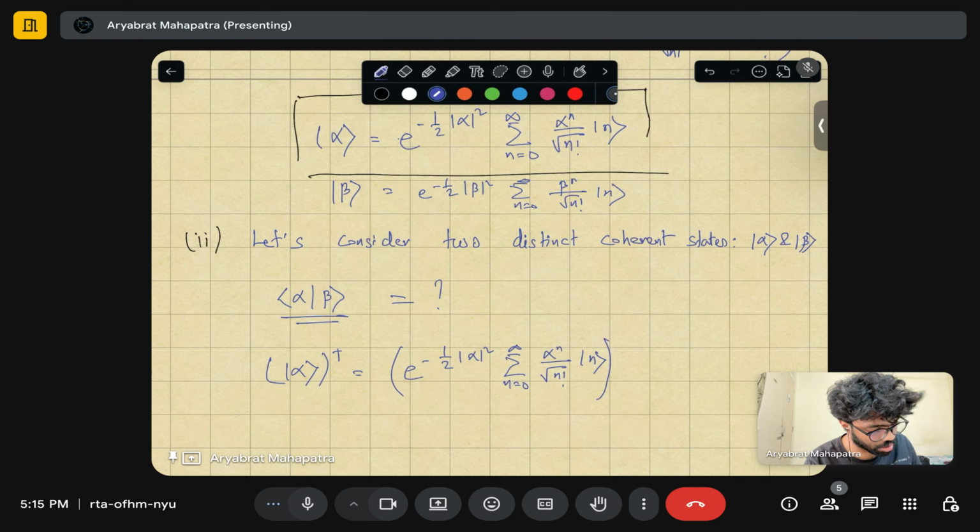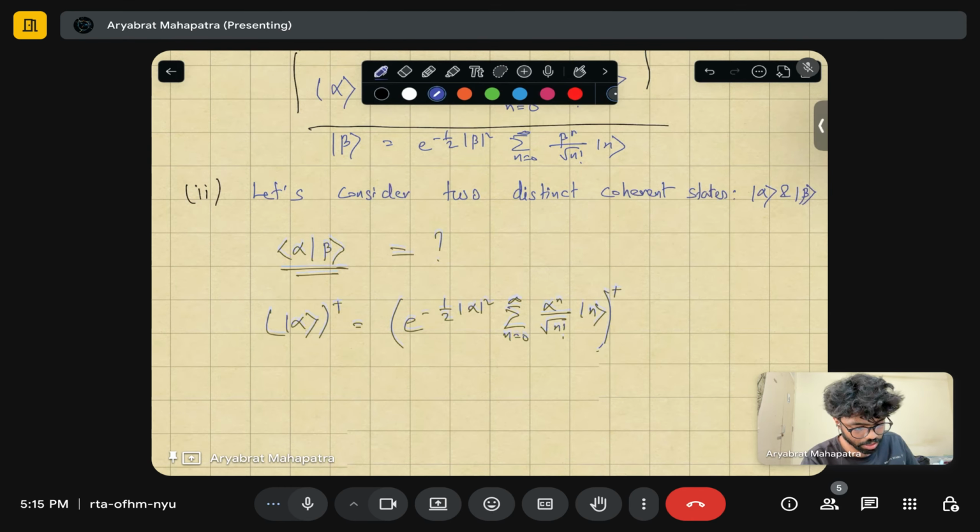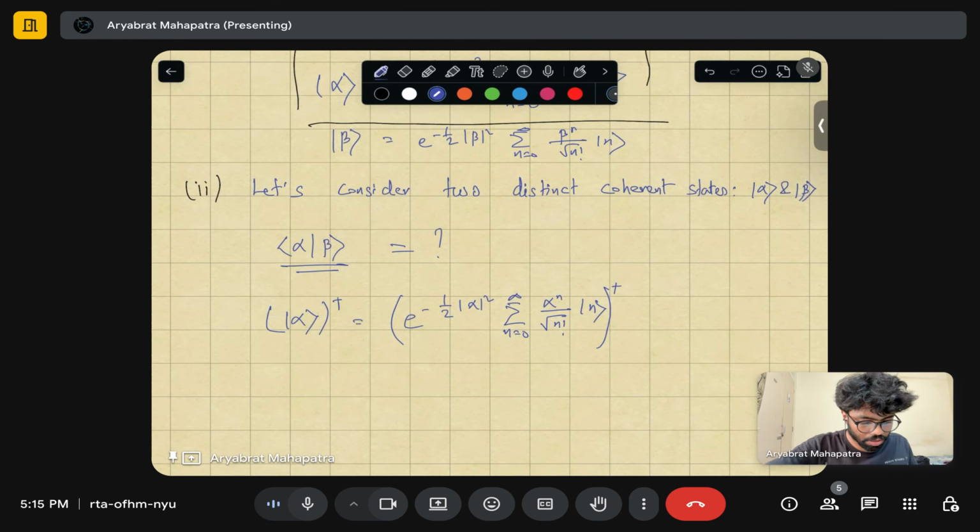You have to take the dagger of it. The first term is just a number, because it is the exponential of magnitude of alpha squared, which is a real quantity.